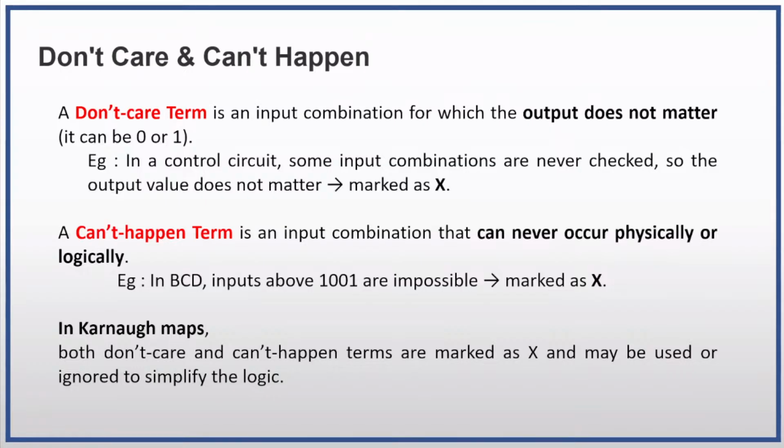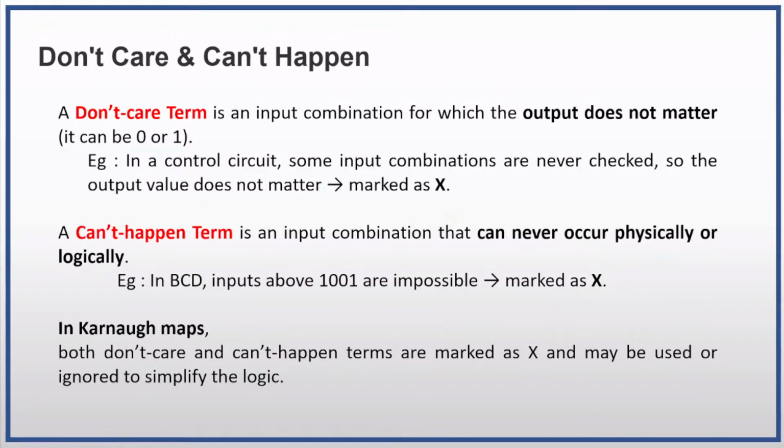Okay. So in Karnaugh maps, both these conditions are marked as X, and they can be used in groups or we can ignore them.